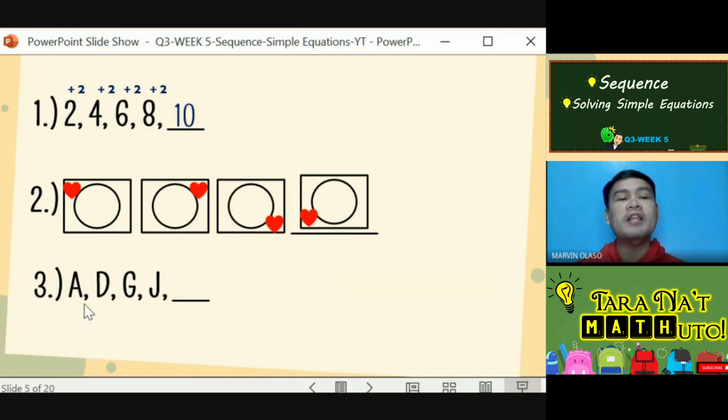Then let's have letter. We have number 3. Letter in the sequence consists of every third letter of the alphabet by skipping every 2 letters A, B, C, D, E, F, G, H, I, then J. So by skipping 2 letters K and L, the 5th letter is M.